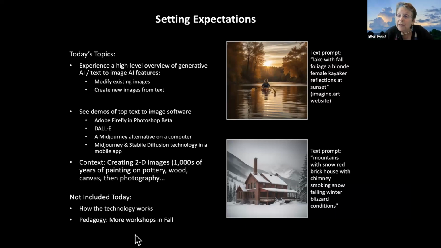Do we do that with a paintbrush on wood, with the medium being egg yolks with pigment in it? Or do we use dyes on pottery? Brushes on canvas is the obvious, watercolor paints with a brush on watercolor paper, or in the early days of photography, a light-sensitive piece of glass capturing an image through a lens, to digital technology. But it's all about how we are creating a 2D image.